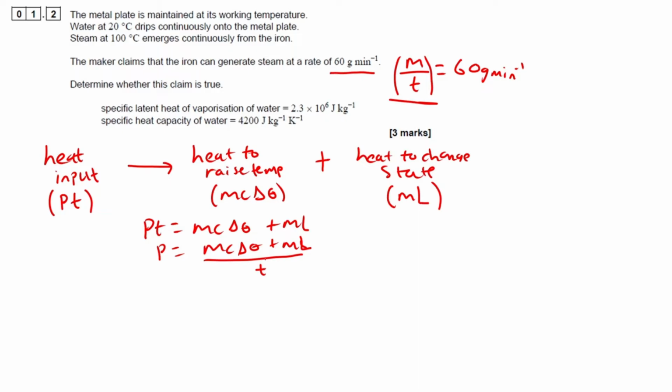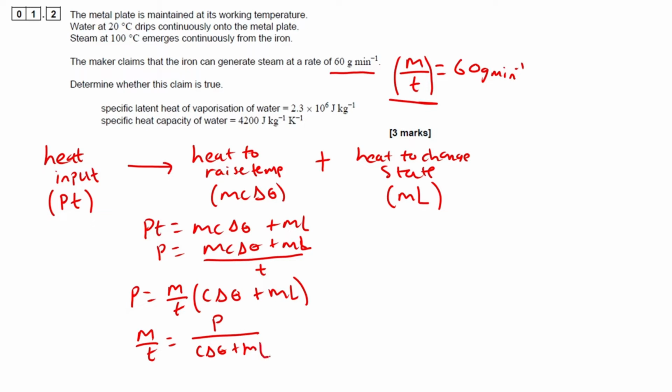I could factorize out m over t to get P equals m over t times c delta theta plus l, because I want this m over t as the subject. And then finally just rearrange that and you get m over t equals P over c delta theta plus l.